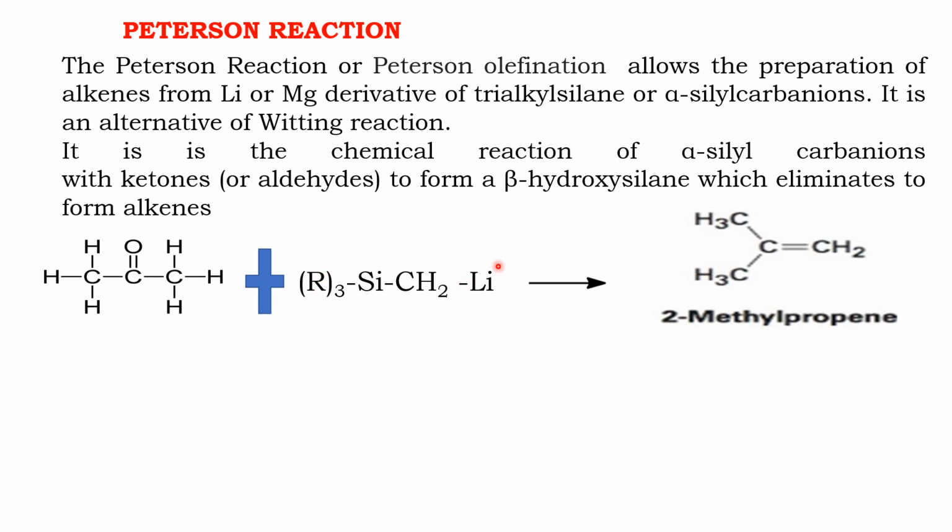If Li plus is lost, we could have R3SiCH2 minus, which is called an alpha silyl carbanion. So lithium or magnesium derivatives of trialkyl silane, or alpha silyl carbanions, react with aldehydes or ketones to give alkenes.